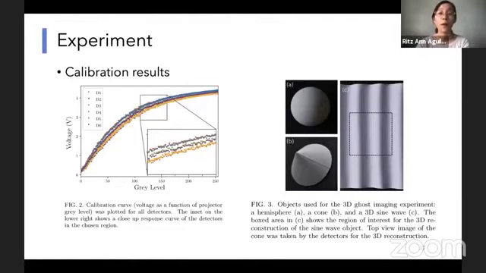And so we can use the semi-calibrated photometric stereo algorithm to solve this problem of differing sensitivities. For the objects, these are simple ones. We just wanted to build up to show a proof of concept for this 3D CGI. We have here a hemisphere, a cone-shaped object, and a 3D sine wave object.